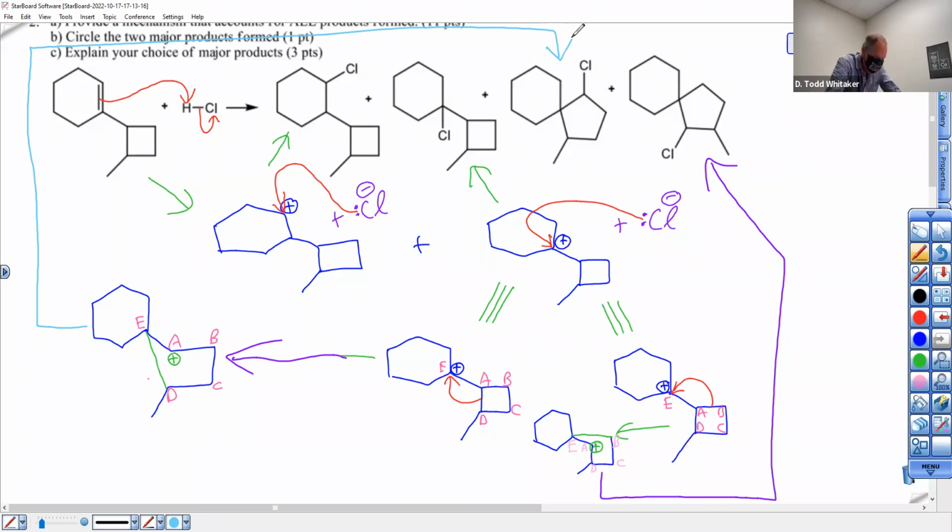I need Cl minus, right? You just draw another copy of Cl minus. You have as many as you need, everybody. Another copy of Cl minus down here. Attacks the C that has the plus. Attacks the C that has the plus.